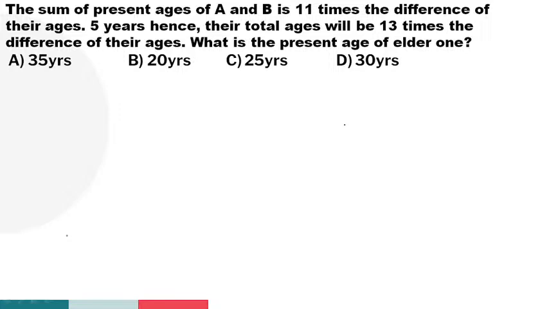Right. First read the question properly, guys, and we will get the answer. Only 2 steps. Enter the problem. The present ages of A and B: the sum of present ages, sum means adding. The sum of present ages of A and B is 11 times the difference of their ages.